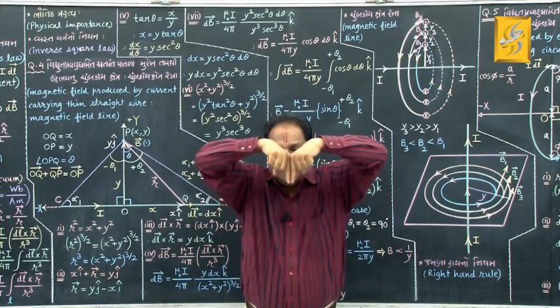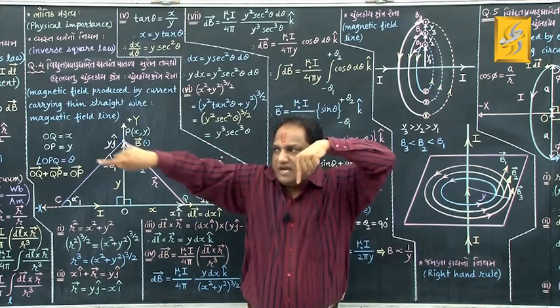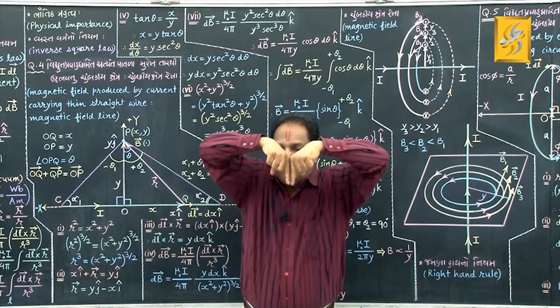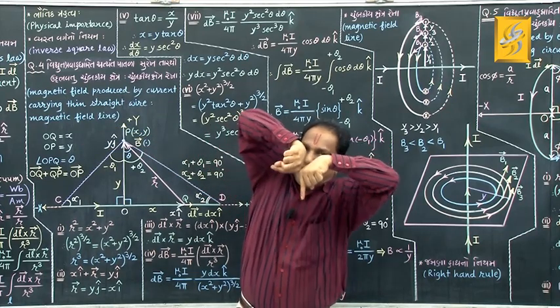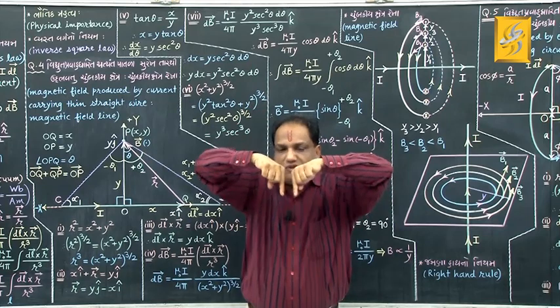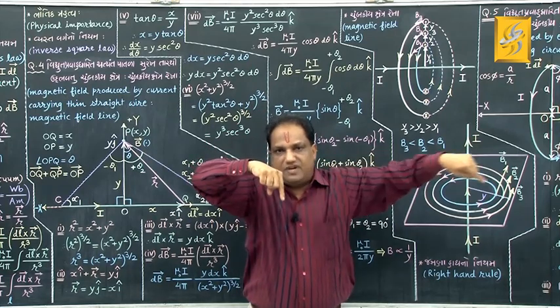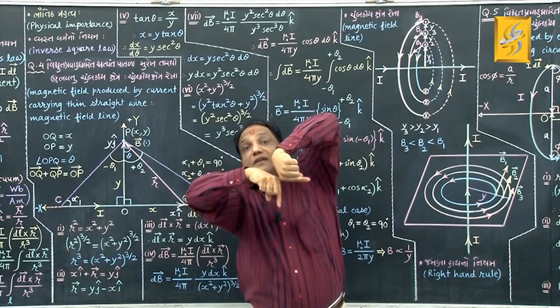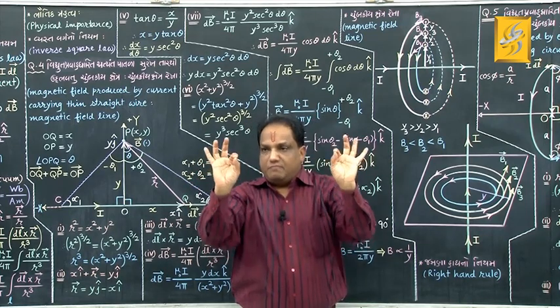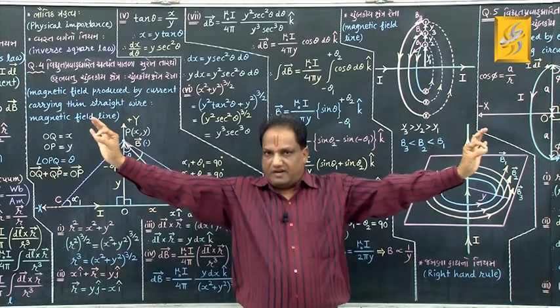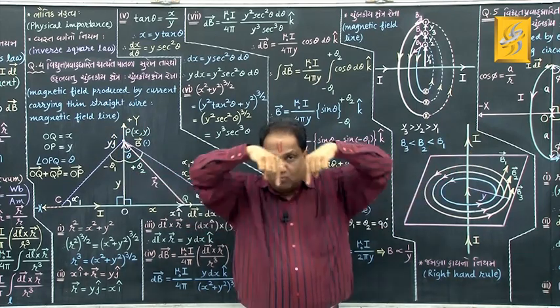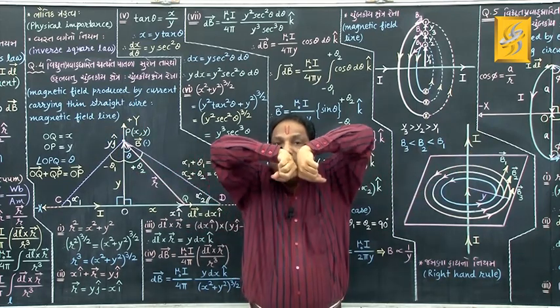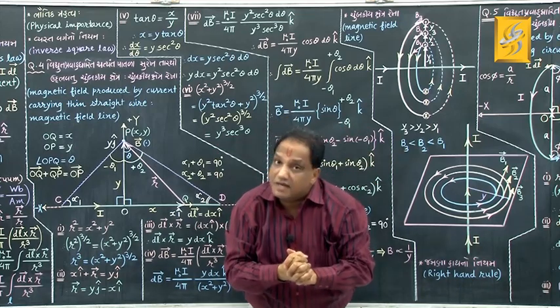Look, as the left end will reach at infinite distance, finally this angle will become 90 degree, correct? Similarly, when this right end goes towards infinity, then this angle theta 2 will also become 90 degree, correct? So by the time both the ends reach infinite distance, both the angles theta 1 and theta 2 will tend to become 90 degree, correct?